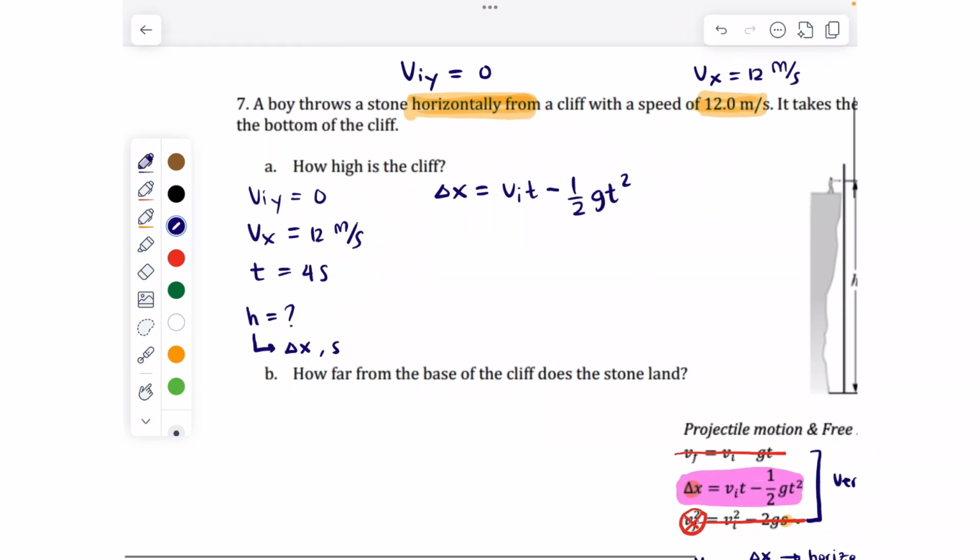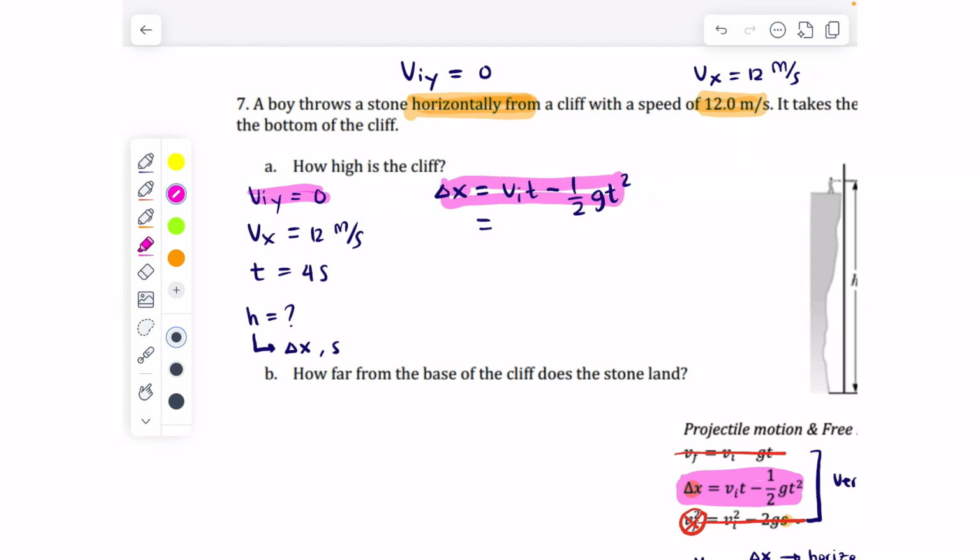Alright, so let us substitute our values now. We have our Vi. Now, what is this Vi? The Vi here is actually the initial vertical velocity, because once again, this equation is related to the projectile's vertical component of its motion. So, of course, we are going to use the vertical velocity, not the horizontal velocity.